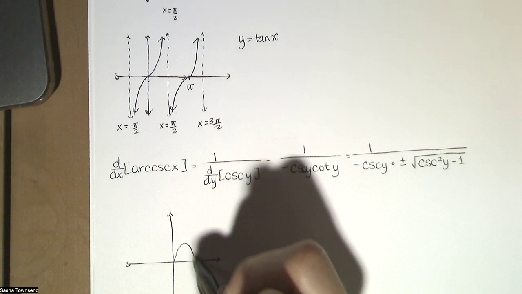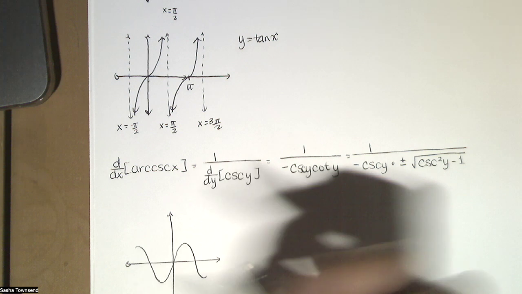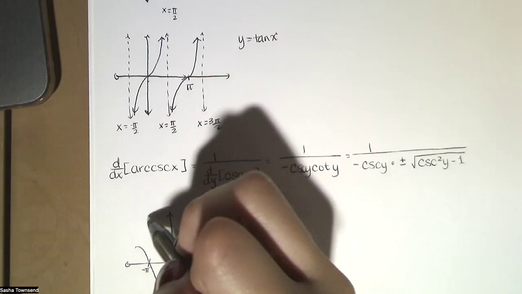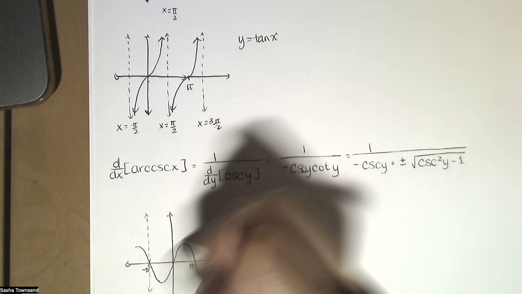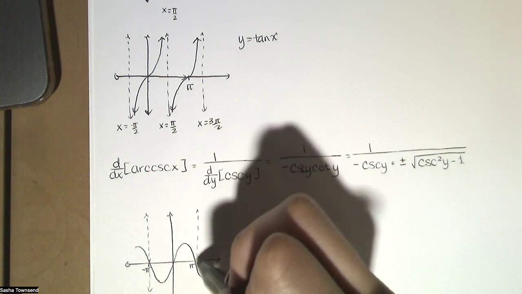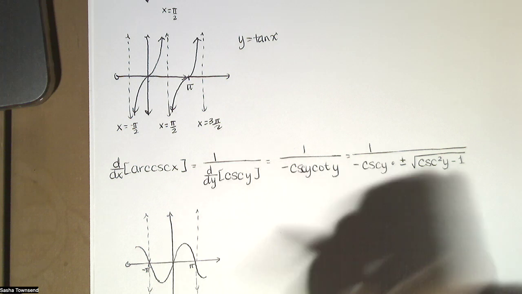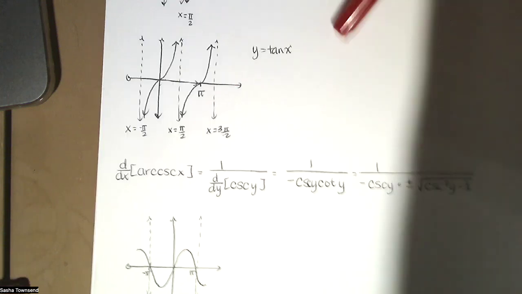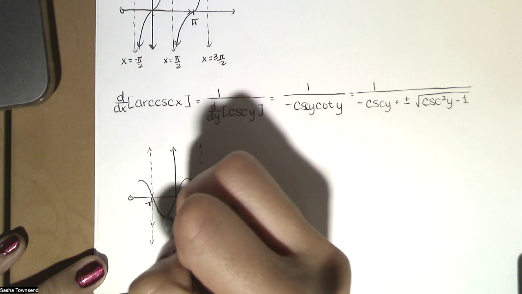And we know sine looks like this. Now cosecant looks like this.